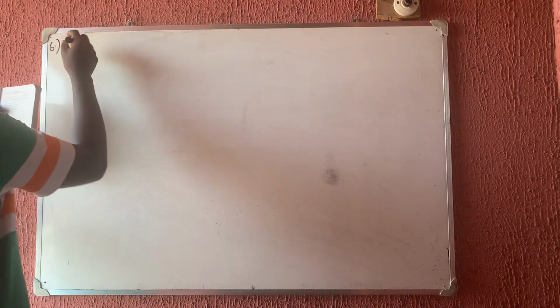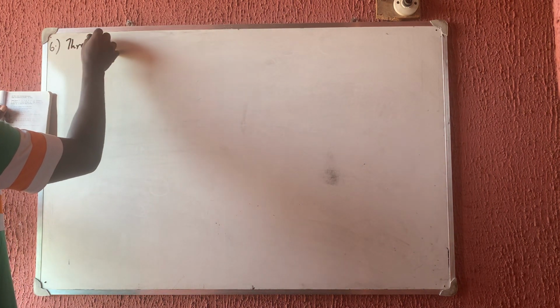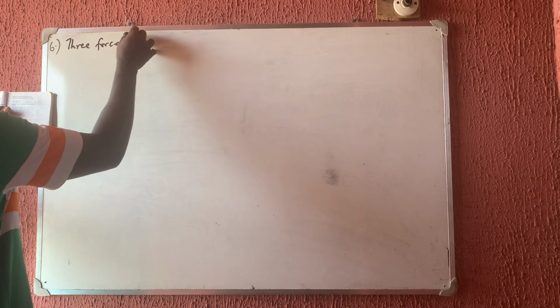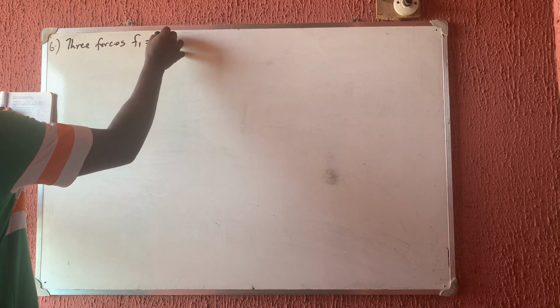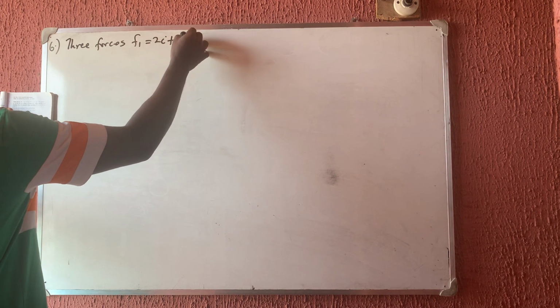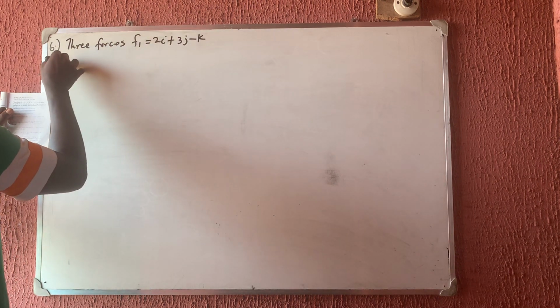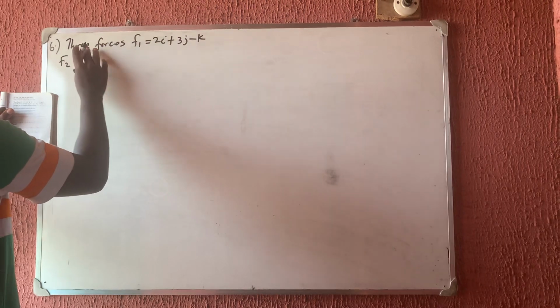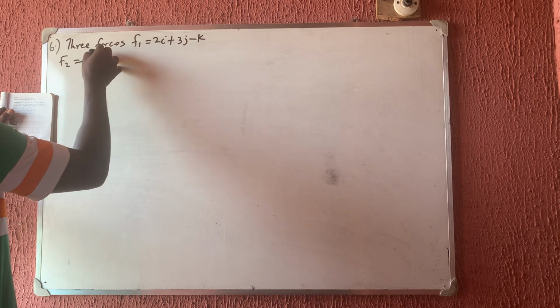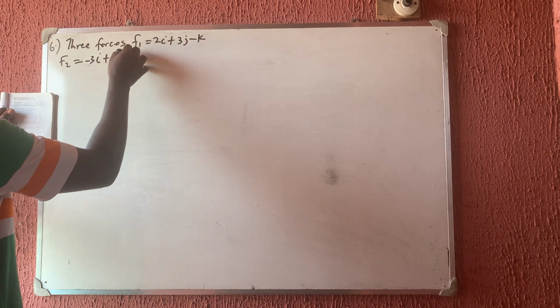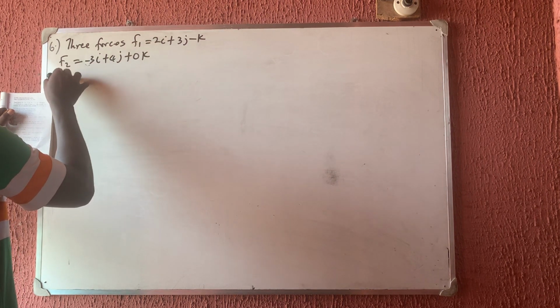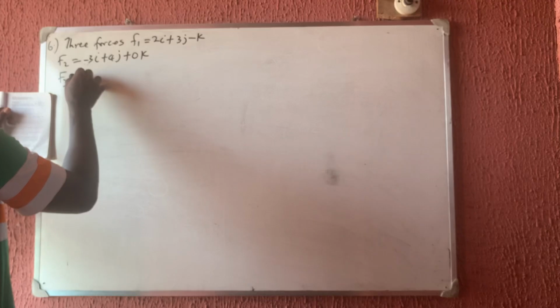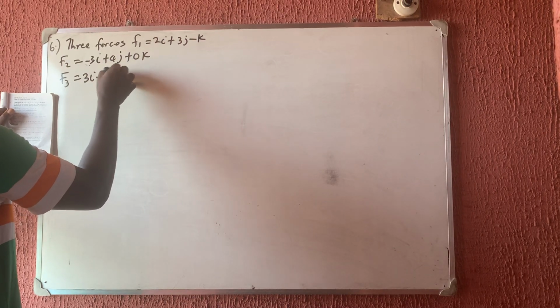So question number 6 said we should find three vectors. Okay, three forces. F1, which is equal to 2i plus 3j minus k. F2, which is equal to minus 3i plus 4j plus 0k, and then F3, which is equal to 3i minus j plus 5k.